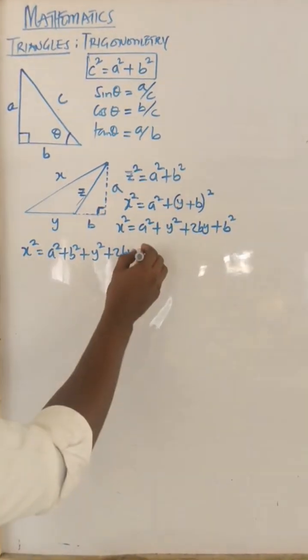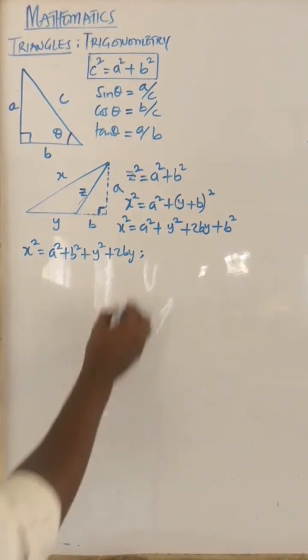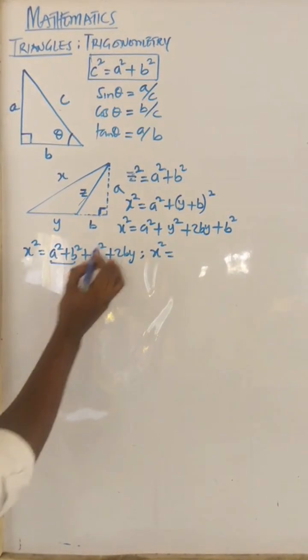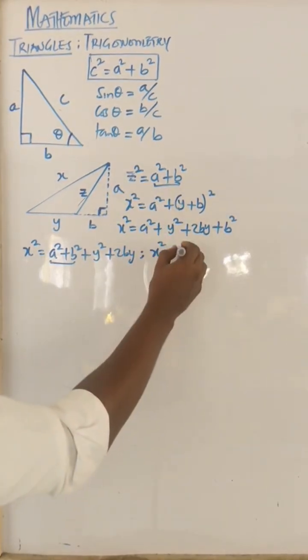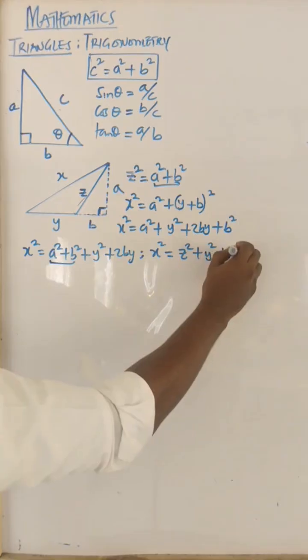We've already established that Z squared equals A squared plus B squared, so we replace it. X squared equals Z squared plus Y squared plus 2BY.